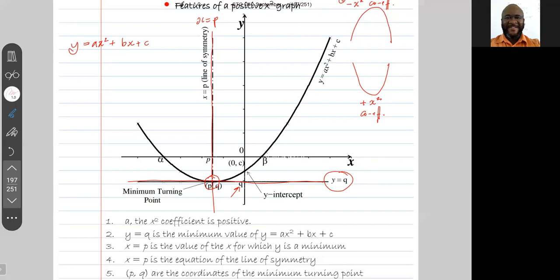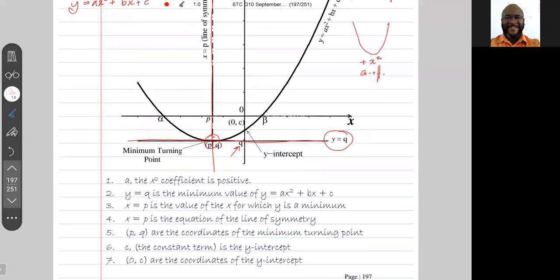Guys, the vertical line that passes through the turning point is called the line of symmetry. You will see that definition on the next page. The vertical line that passes through the turning point. Now, the vertical line passing through the turning point is x is equal to P. So x is equal to P is the equation of the line of symmetry.